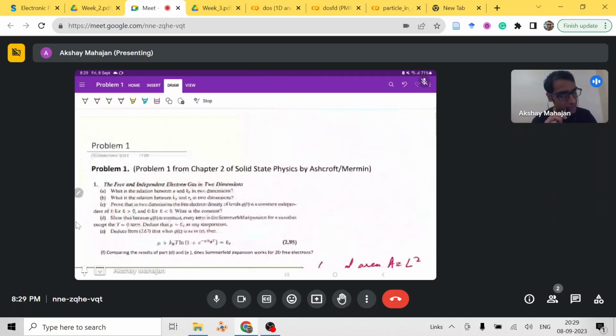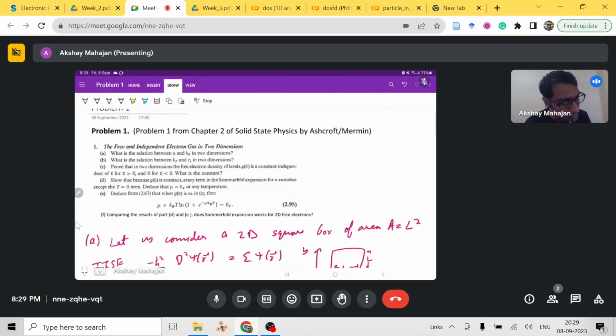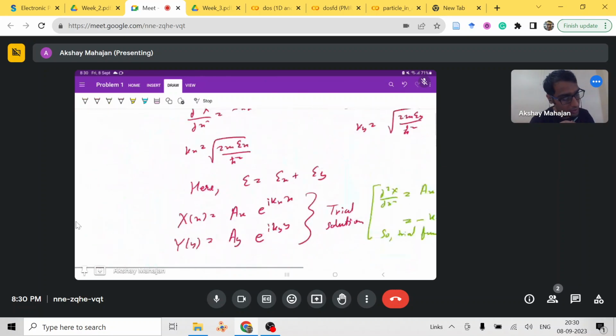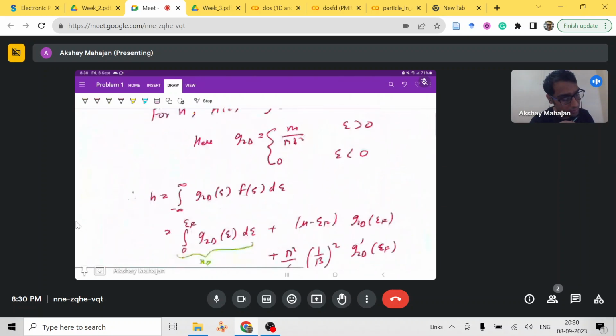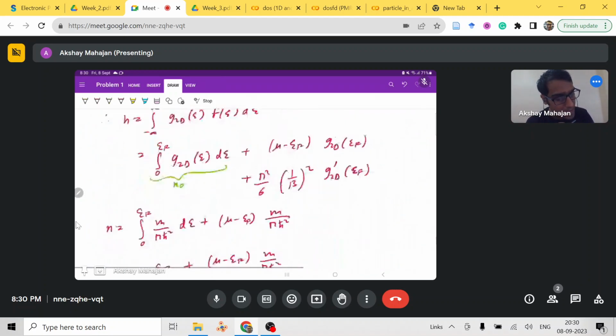So this is part D. Those two things were only there. And now we have part E. Now we have to deduce from 2.67 that when g of epsilon is constant, then mu plus kBT is given by epsilon f. We are going to check this analytically.